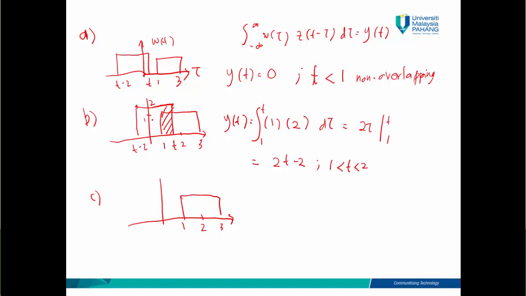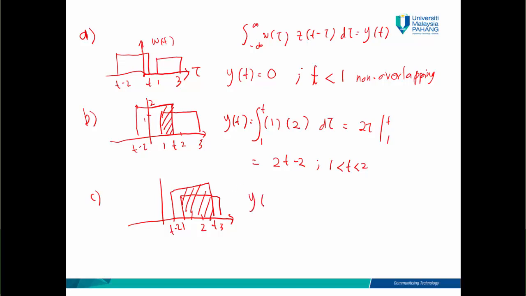So we move the z signal towards positive infinity. So we have t in between 2 and 3. The overlapping happens here.